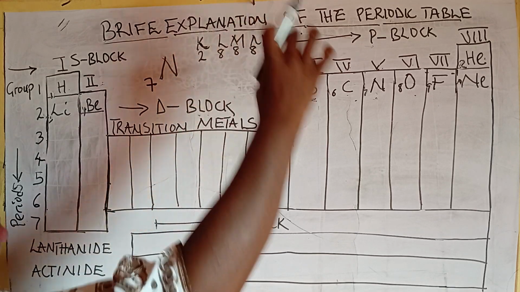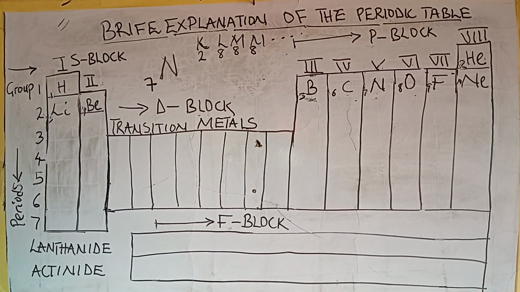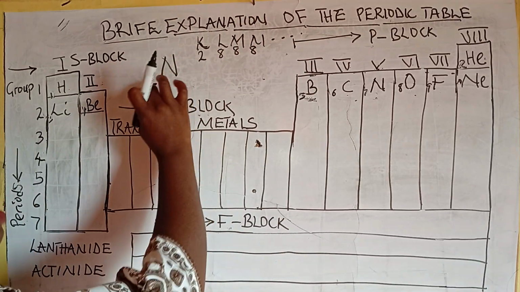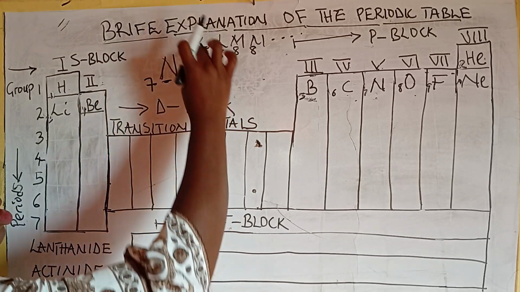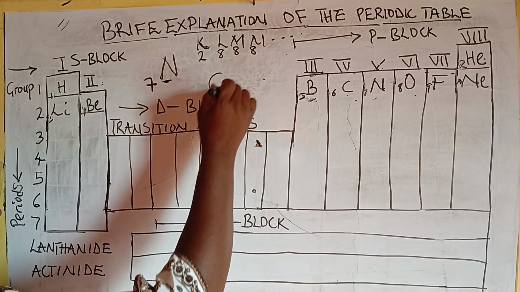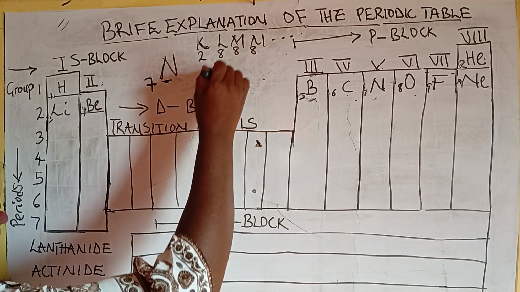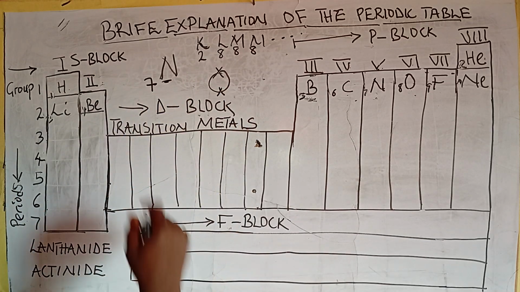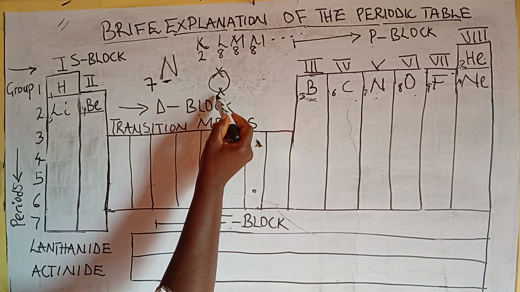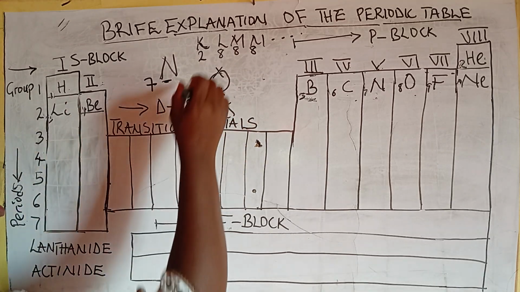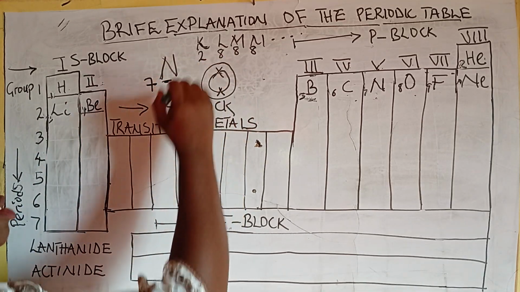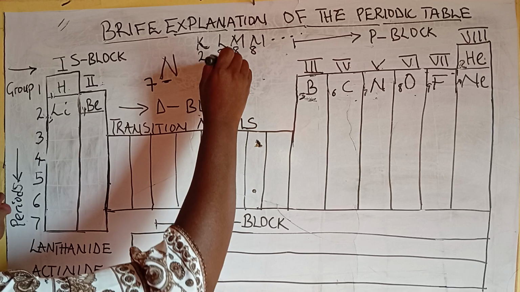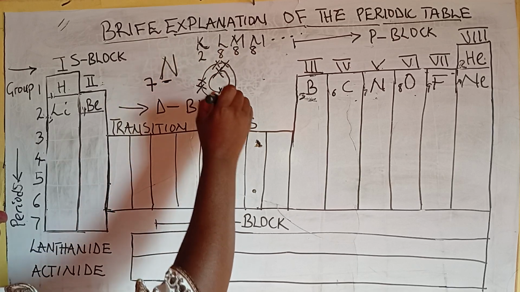Now let's look at filling these 7 electrons of nitrogen into the shells. The first shell we take maximum of 2, that is duplet configuration. Now 7 minus 2 is 5. So we create another energy level, another shell, and we put 5 electrons.